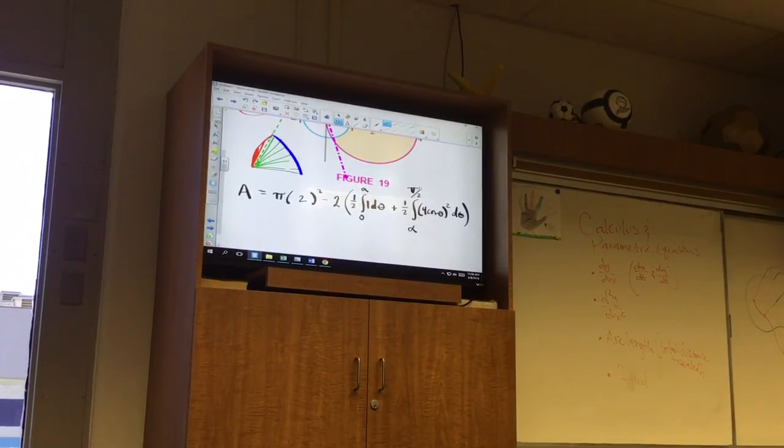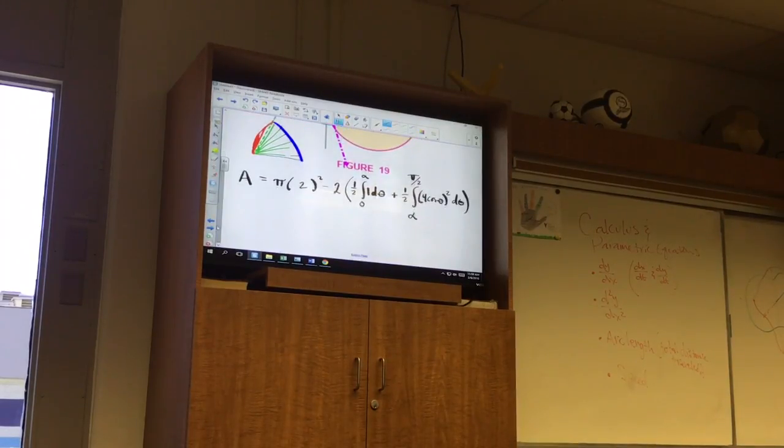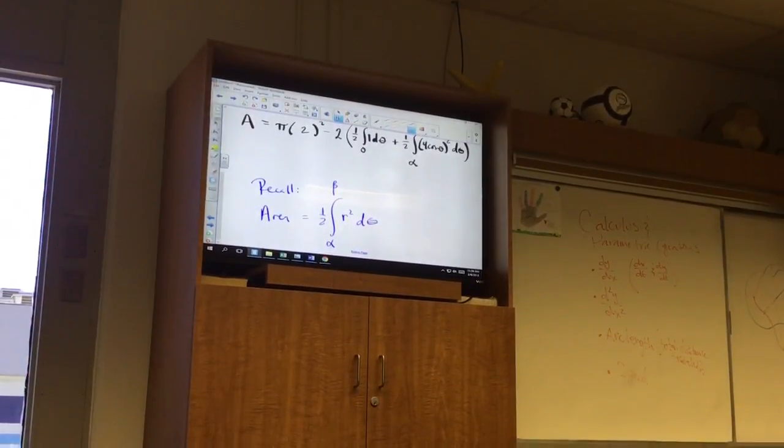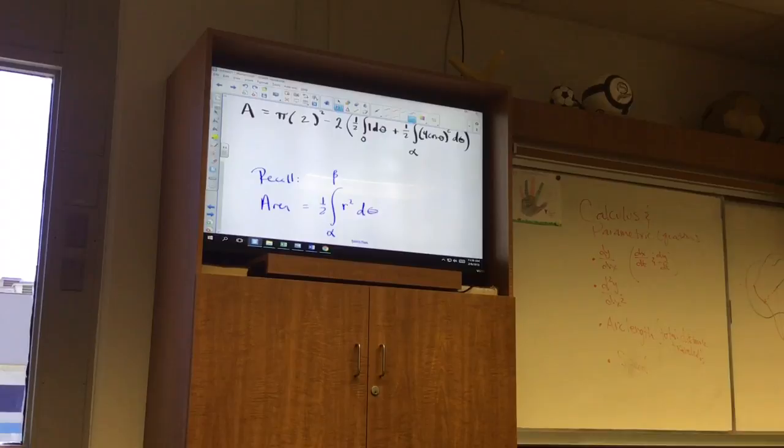Okay, so as a quick reminder, the area is equal to, the formula is this. And that comes from the area of a sector formula, right?